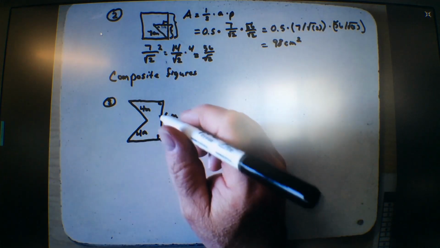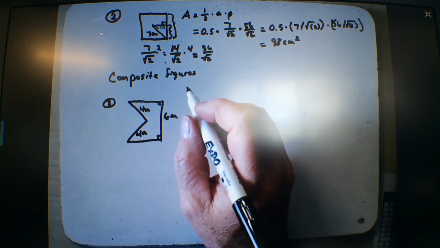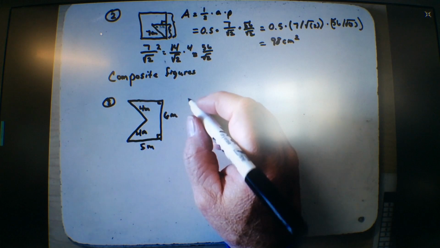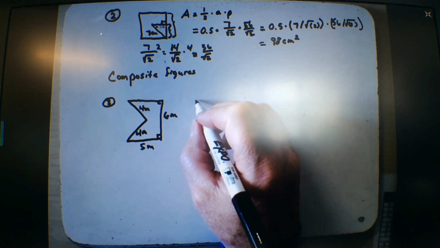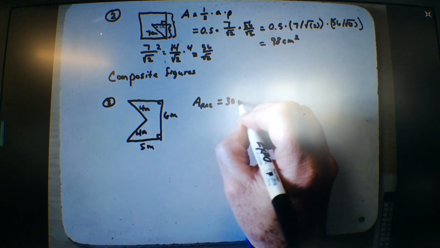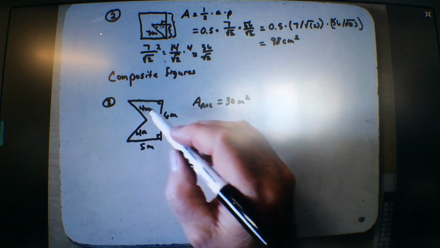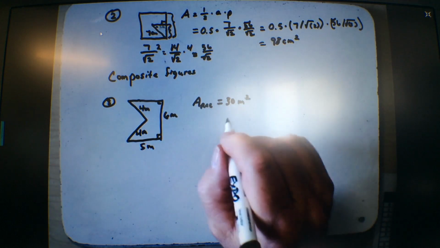If I had a full rectangle, what would I multiply? Oh, this is 5 meters. 5 and 6. 5 times 6. So the area of the whole rectangle is 30 meters squared, right? Well, how could I find the area of this? We know it's less than 30.